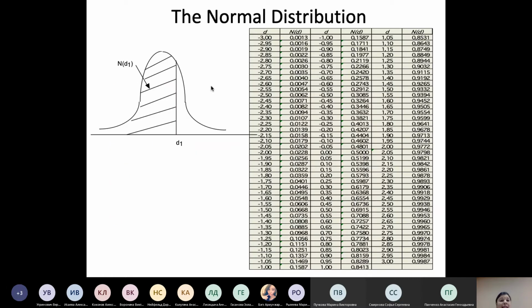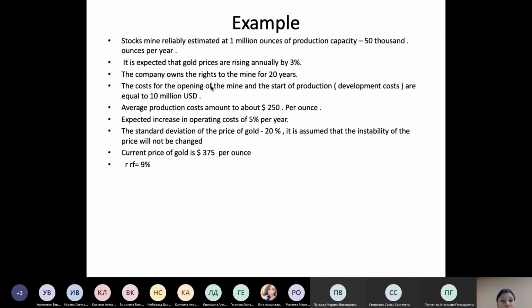And now let's transform all these parameters for our real options.